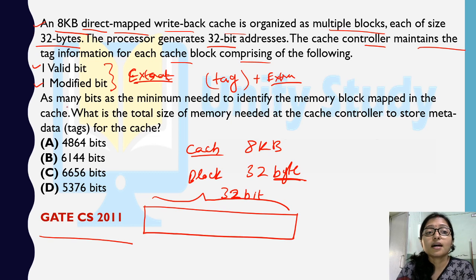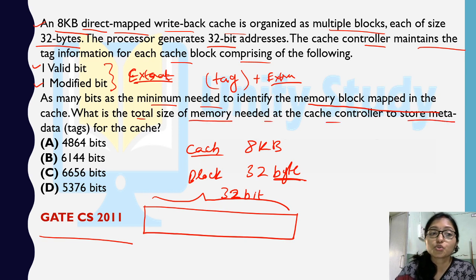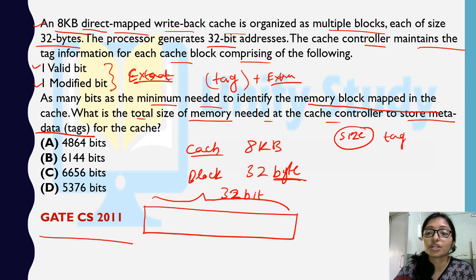The question asks: what is the total size of the memory needed for the cache controller to store the metadata tags? It is asking about the size required to store the tags.